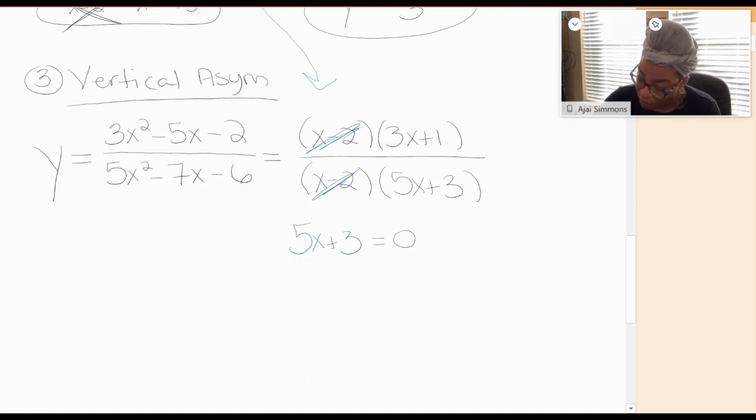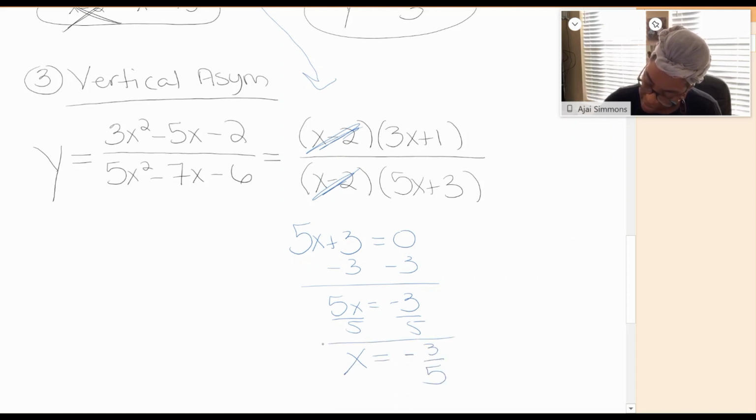And now I solve for x. I get x is equal to -3/5. This is the vertical asymptote. So it's a dotted vertical line at -3/5. Vertical asymptote.